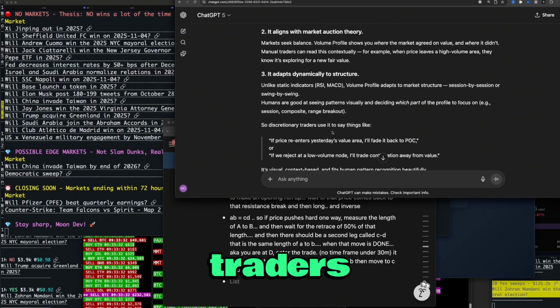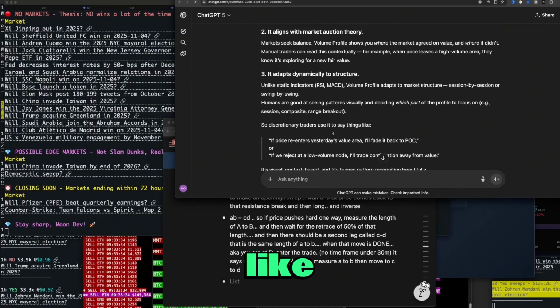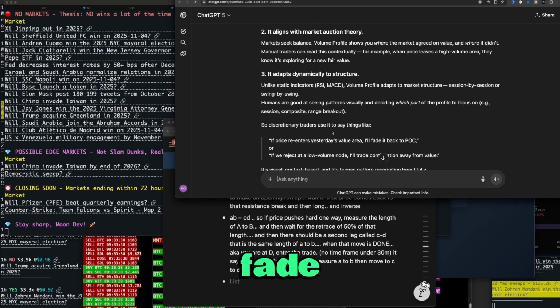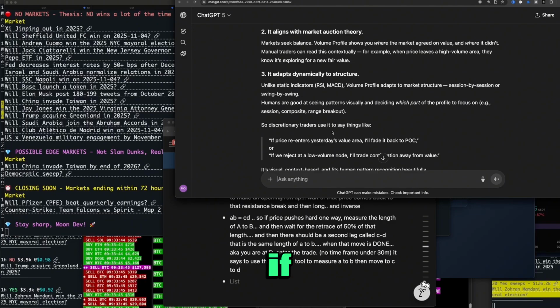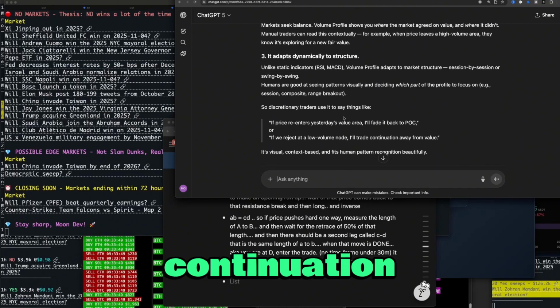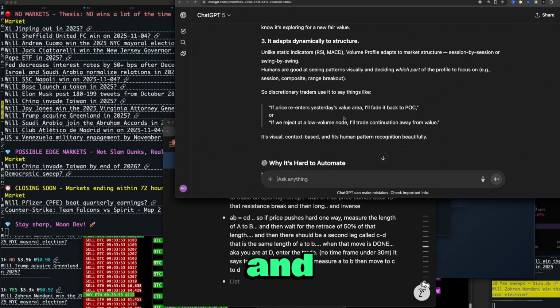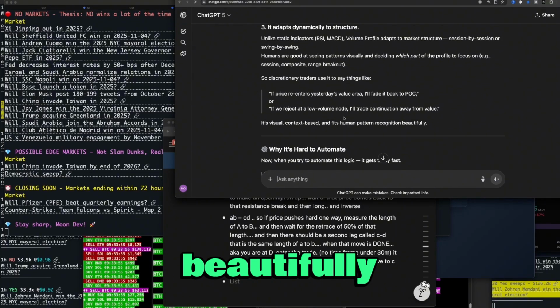So discretionary traders use it to say things like, if price re-enters yesterday's value area, I'll fade it back to POC. Or if we reject at a low volume node, I'll trade continuation away from value. It's visual, context based, and fits human pattern recognition beautifully.